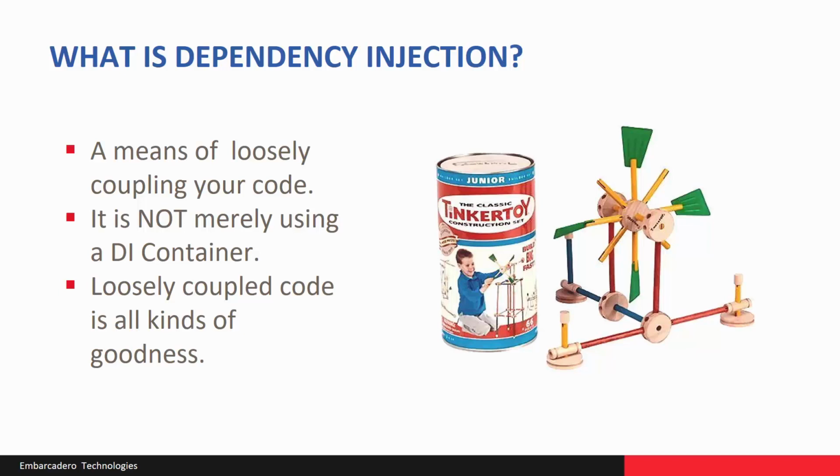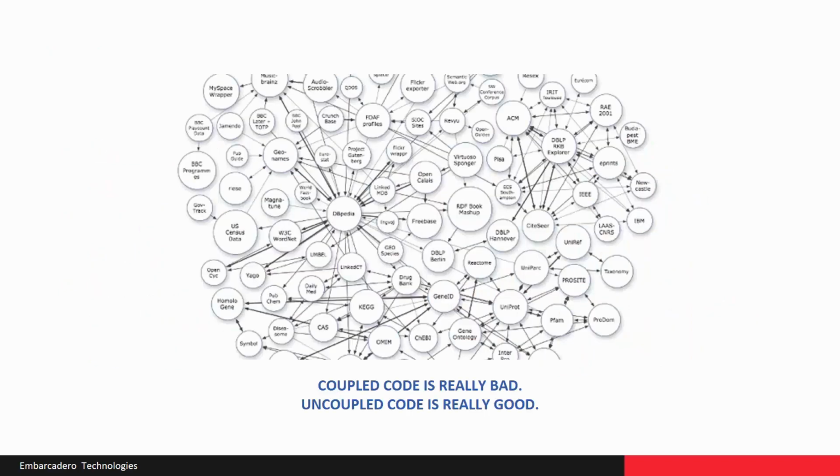So since it creates loosely coupled code, your question might be, why would you want that? Well, because loosely coupled code is all kinds of goodness. If this is your class diagram, then you have heavily coupled code. Coupled code is really bad in that it's hard to maintain, it's hard to update, it's hard to change.